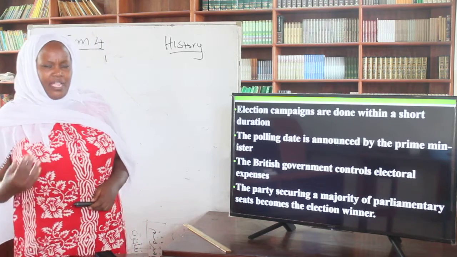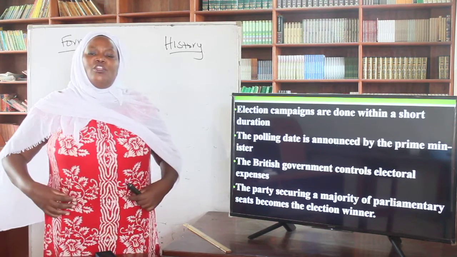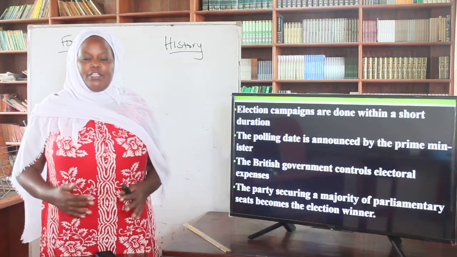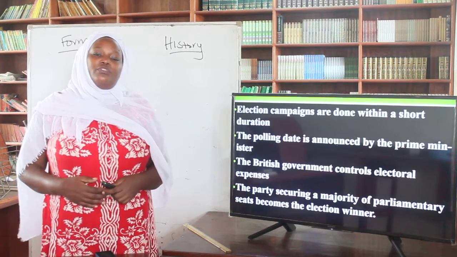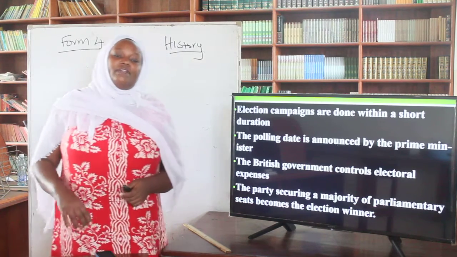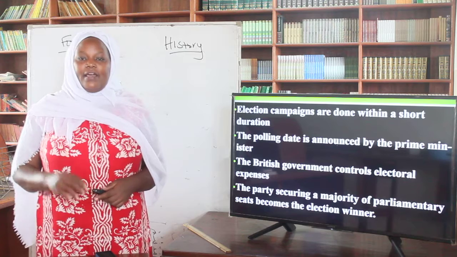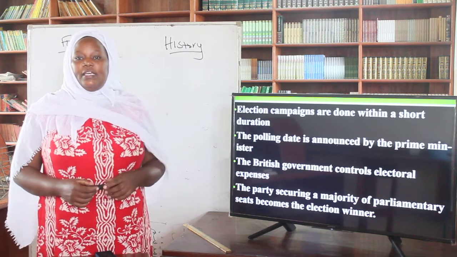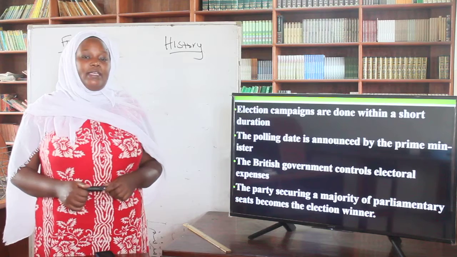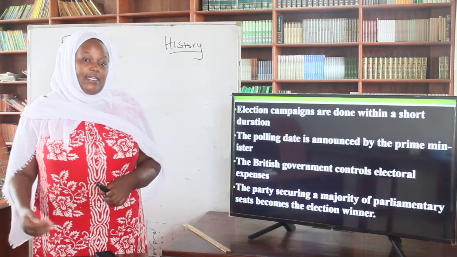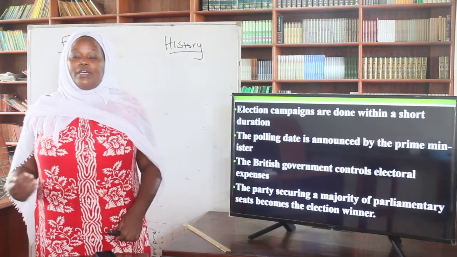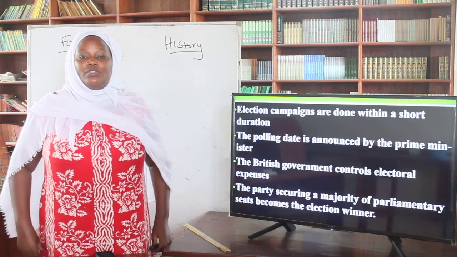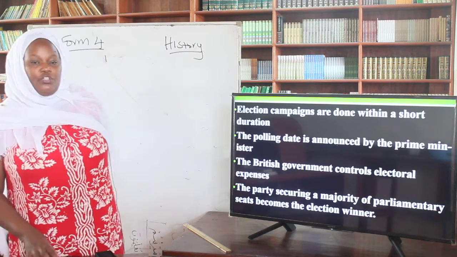Now, the election campaigns are normally done within a very short time. They don't give a long time, like here where people start campaigning immediately after the elections are over. The campaigns are normally controlled. The polling date is normally announced by the Prime Minister, and as I've said, he uses that as his secret weapon so that they can win the majority, because they normally ambush the other political parties.